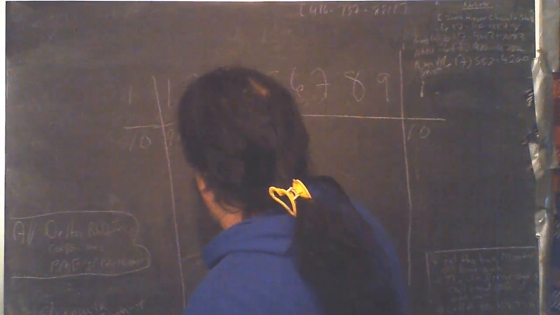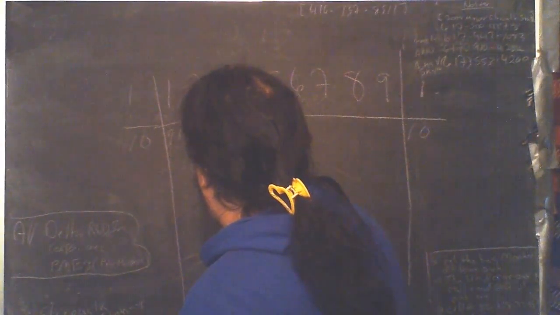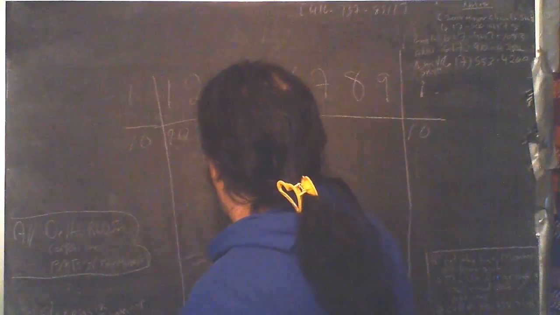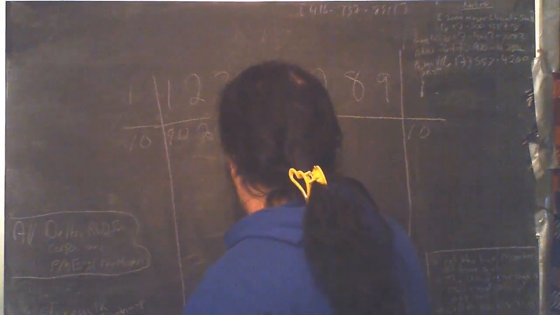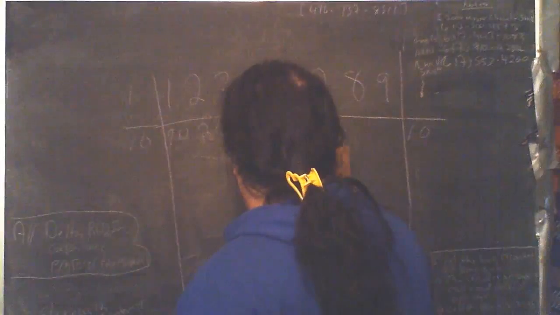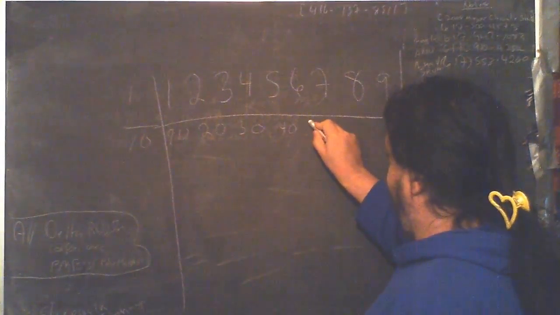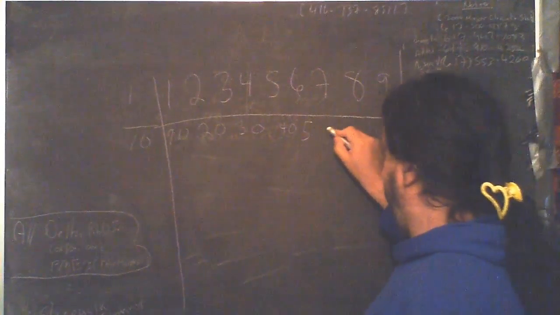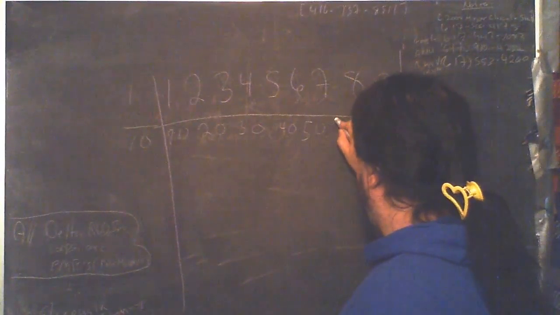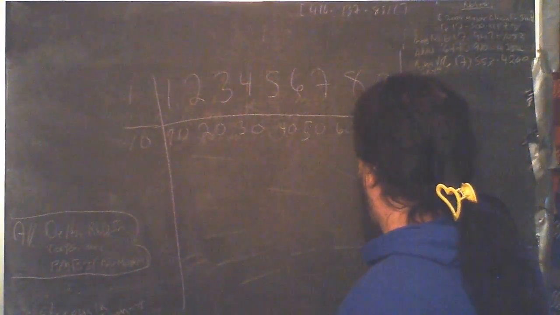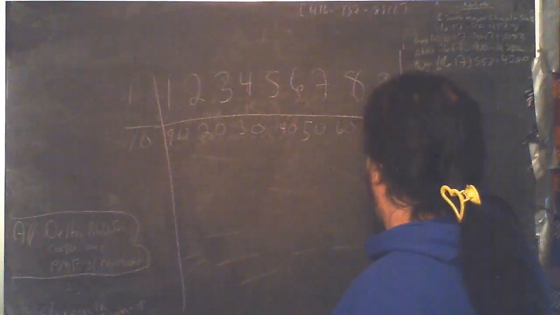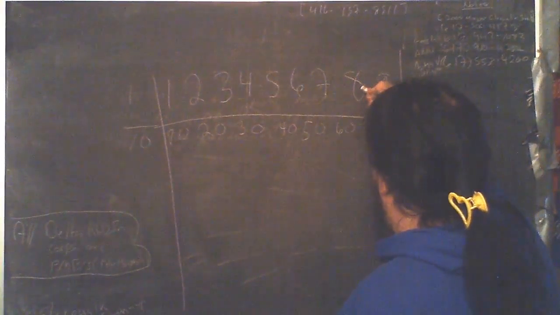This is 10, 20, 30, 40, 50, 60, 70, and then there's 80 and 90.